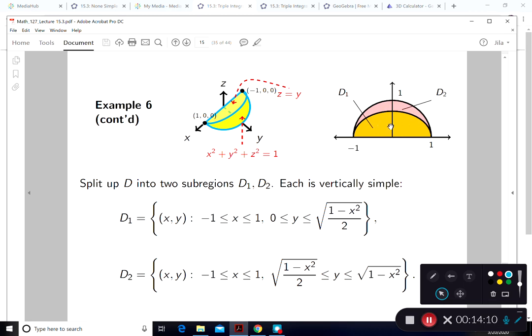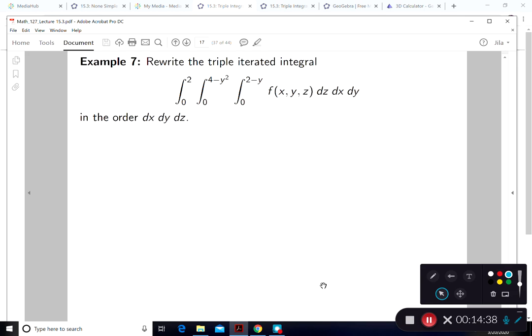This region, the orange region D1, is when x is between -1 and 1, and y is between 0 and what you get when you solve x squared plus 2y squared equal to 1. And here is D2, the pink part, where y is sitting between that and this, and x is still going between -1 and 1.